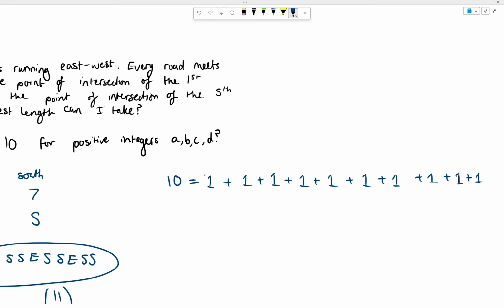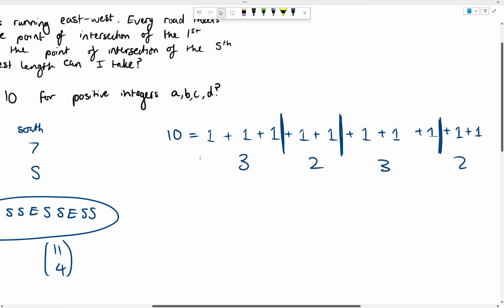And if I place a barrier here and a barrier here and say a barrier here, I would get 3, 2, 3, and 2. So what's happening is I'm starting off with 1 plus 1 all the way 10 times, and I'm placing these barriers in between to try and separate these ones into 4 numbers.